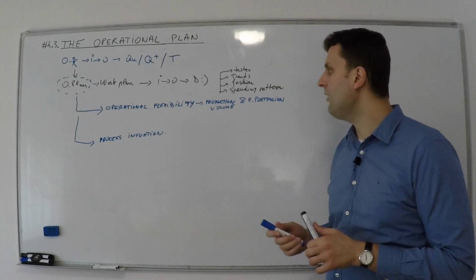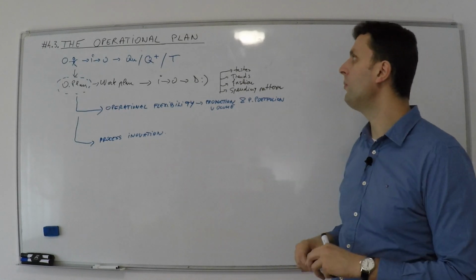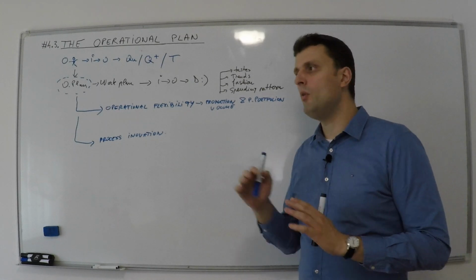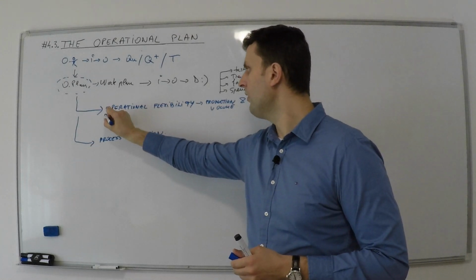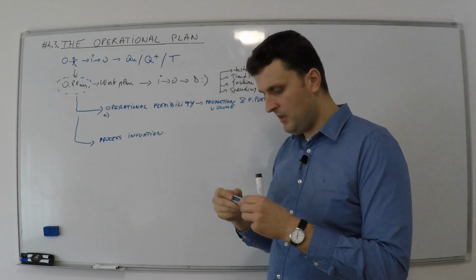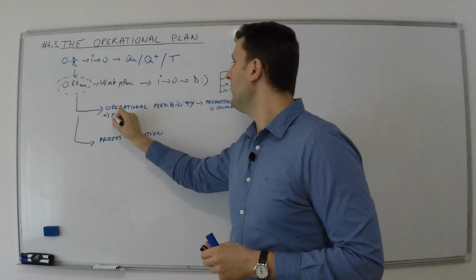Usually, in order to have operational flexibility, so as not to be very stressed as an operational manager, you should focus in the following directions. The first one could be production capacity.